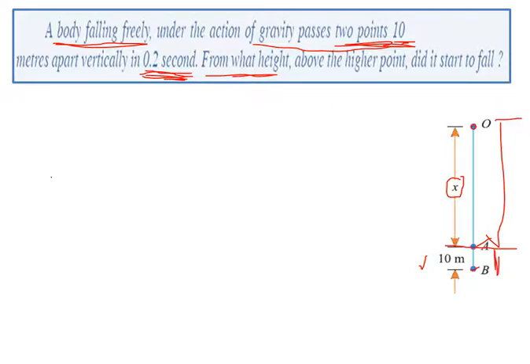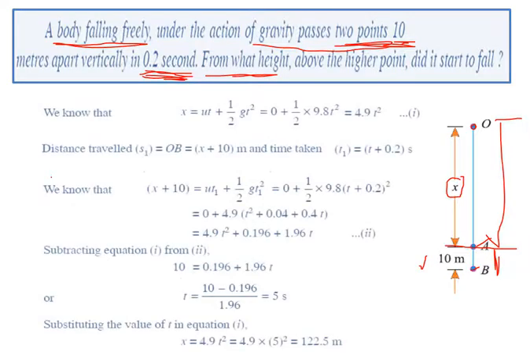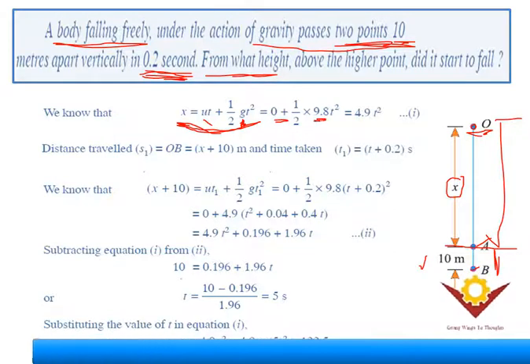Here, this is the equation of motion for the displacement: x, which we require, equals ut plus half gt square. Here we use the acceleration due to gravity. The initial velocity at this point is 0, plus half g t square.